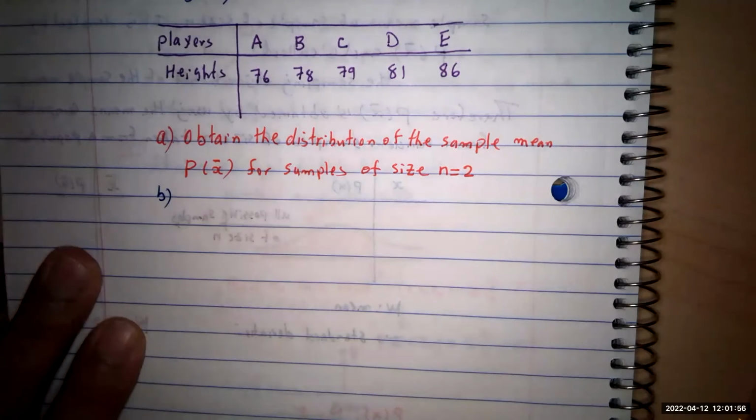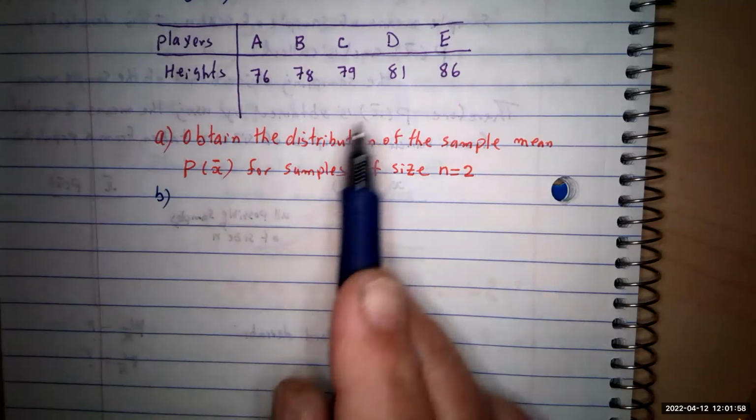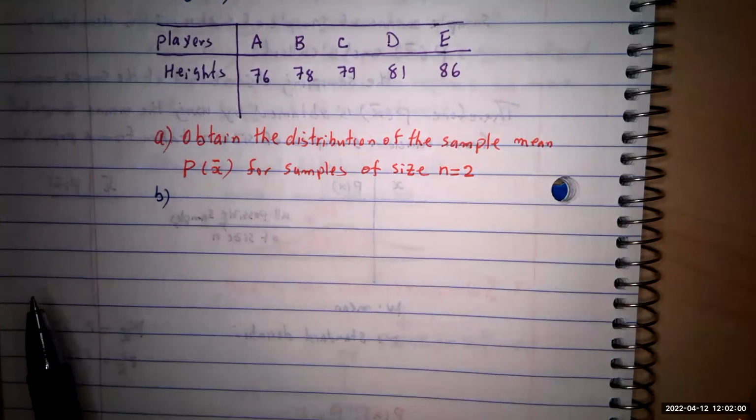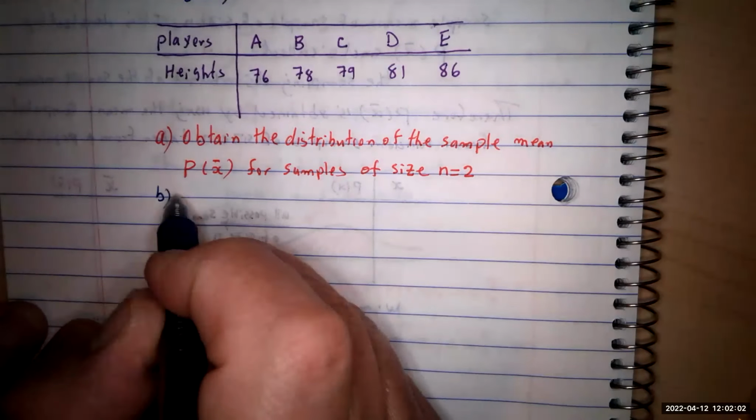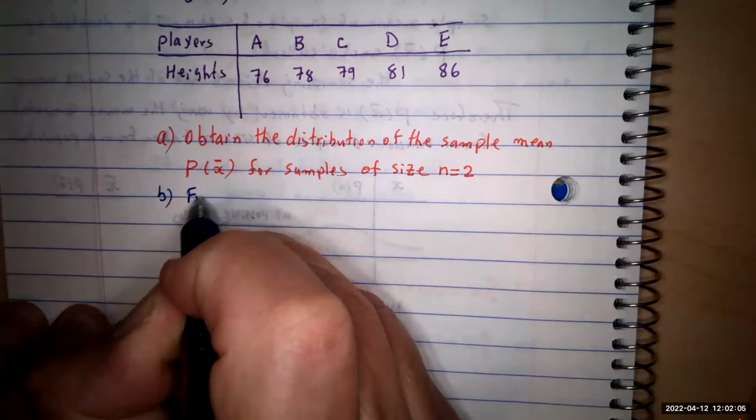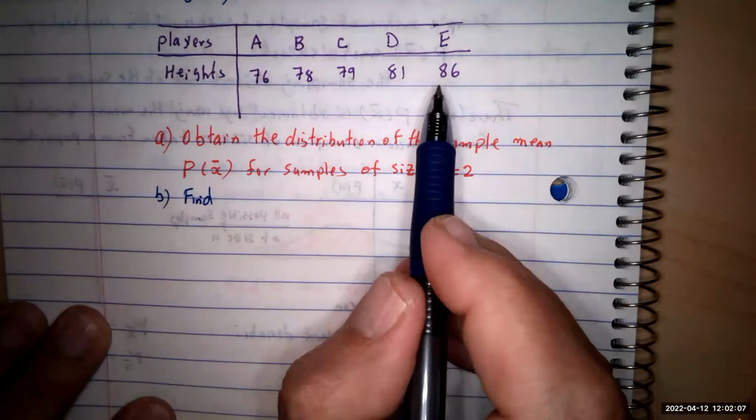Step 2, I would like to go to the original one and find the mean and standard deviation of the P of X. It's easy to find because I have all the X's here.